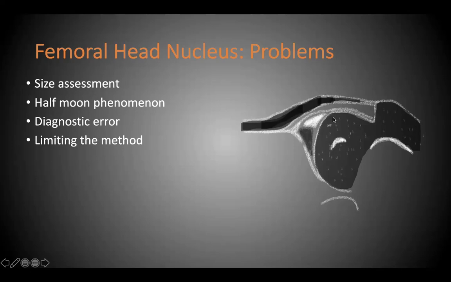Like I said before, the ultrasound rays touch the ossific nucleus and then go back. This leads to what is called a half moon phenomenon on ultrasound. Again, it reiterates the fact that you can't use the ultrasound to determine the size of the ossific nucleus.